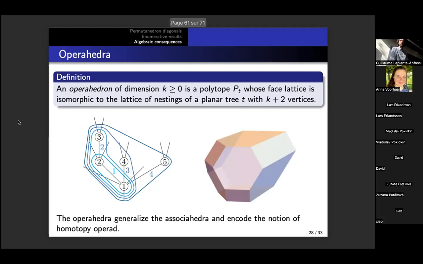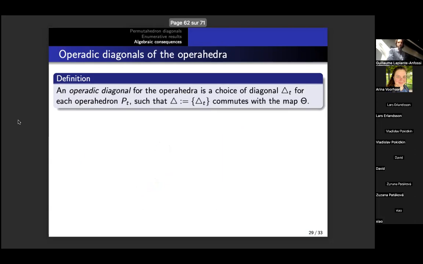And these polytopes are really important because they generalize the associahedra and they encode the notion of homotopy operad. This is something that homotopy theorists care about. And so there's naturally an operad structure on this family of Operahedra, and now you can ask, if I choose a diagonal for each of these polytopes, I want them to be coherent with the operad structure.